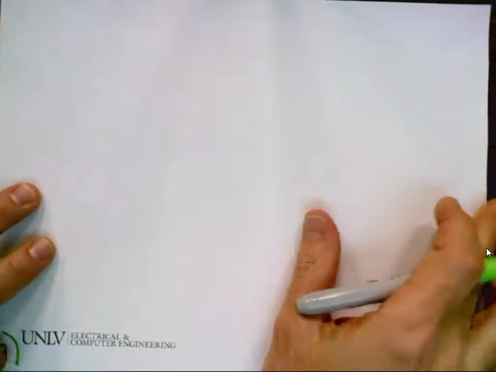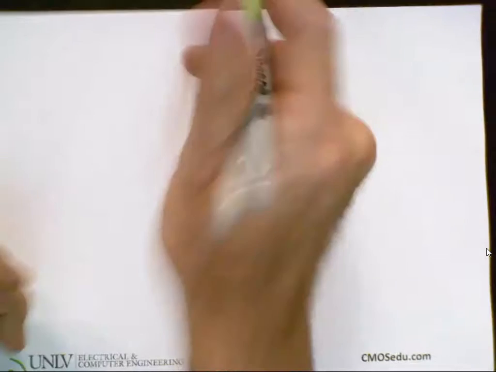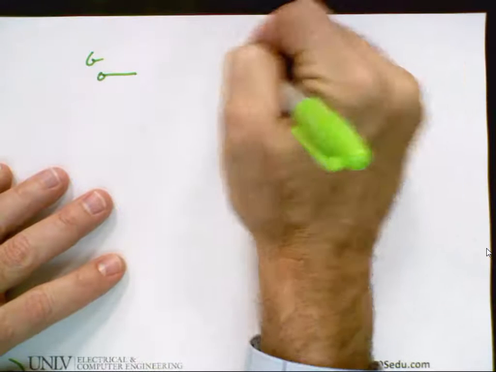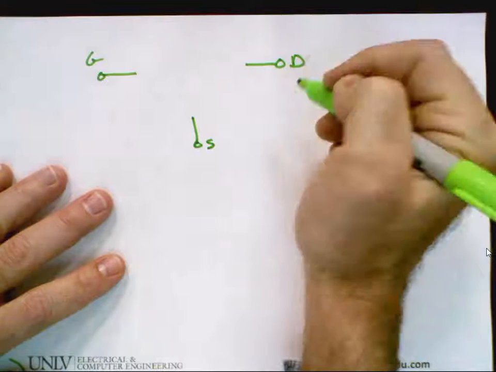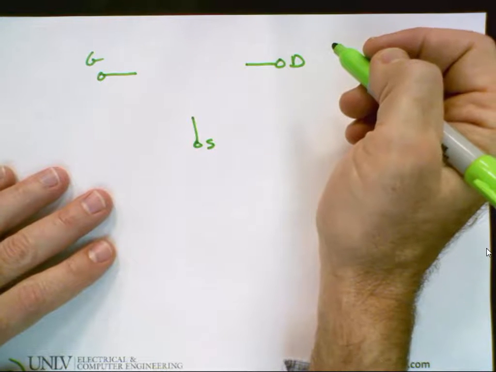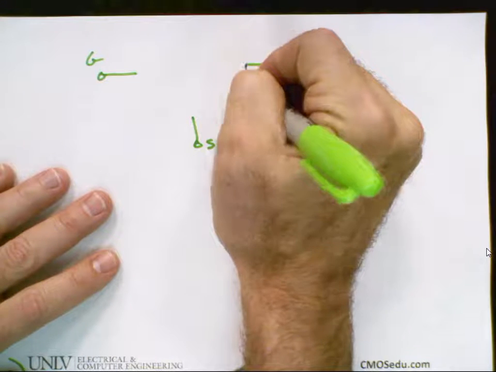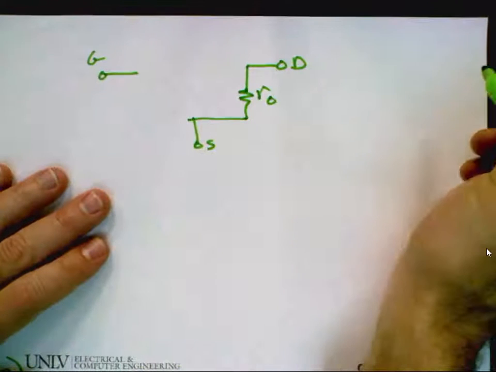All right. So, let's sketch our small signal model. Here's my gate. Here's my drain. Here's my source. Tell me what to connect between the source and the drain. R out? What's R out equal to?